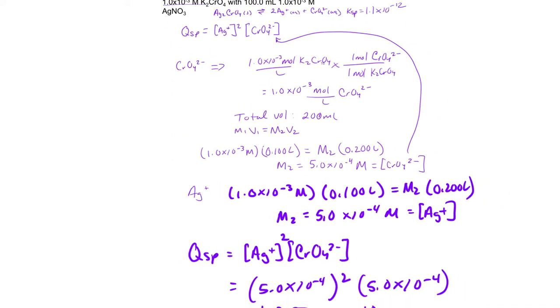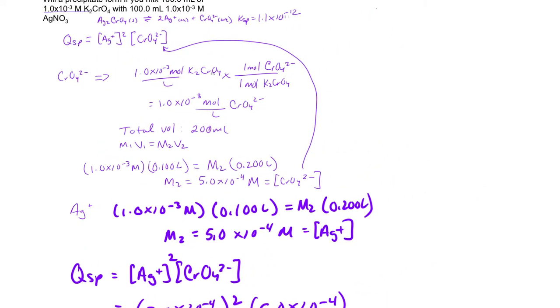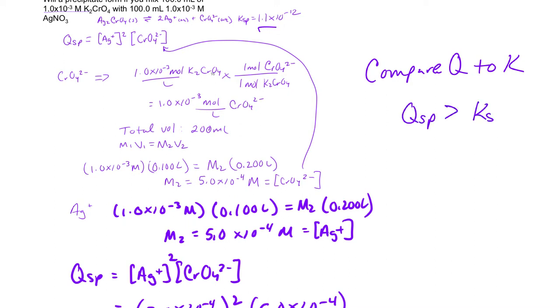Okay, so now, in order to answer the question, we need to compare Q to K. Again, Q is 1.25 times 10 to the minus 10. K was 1.1 times 10 to the minus 12. So QSP is greater than KSP.